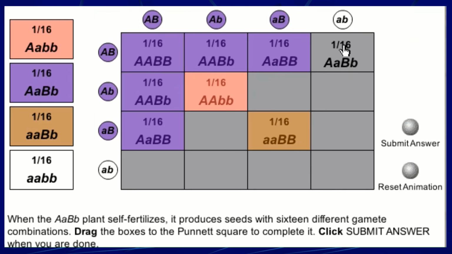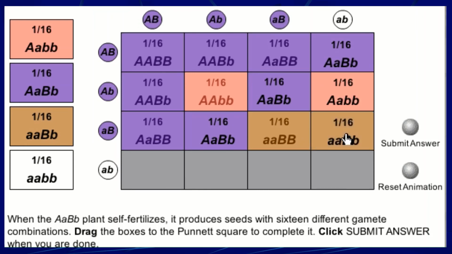So for example, here we have a heterozygous for both traits. In this square, we'll have the same. And in this square, we'll have heterozygous for flower but homozygous for the height. And then here, heterozygous for both traits. This one here is homozygous for flower and heterozygous for the height. And here, I'm just going to explain again later. Let's fill in all of the squares first.